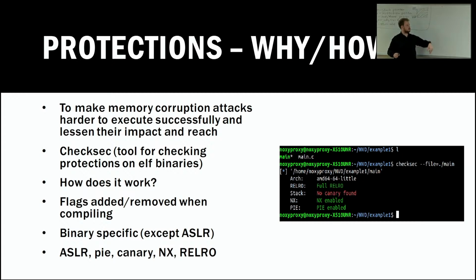We'll talk about all of them separately, but how they are added or removed is with flags at compile time. I'm talking about GCC. For example, when you're compiling a C program without any additional flags, every protection is enabled. But you have flags to remove them.